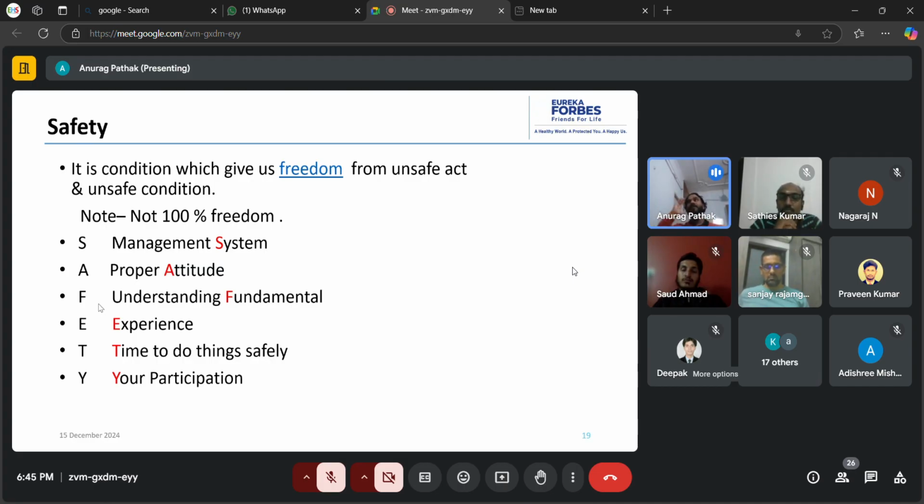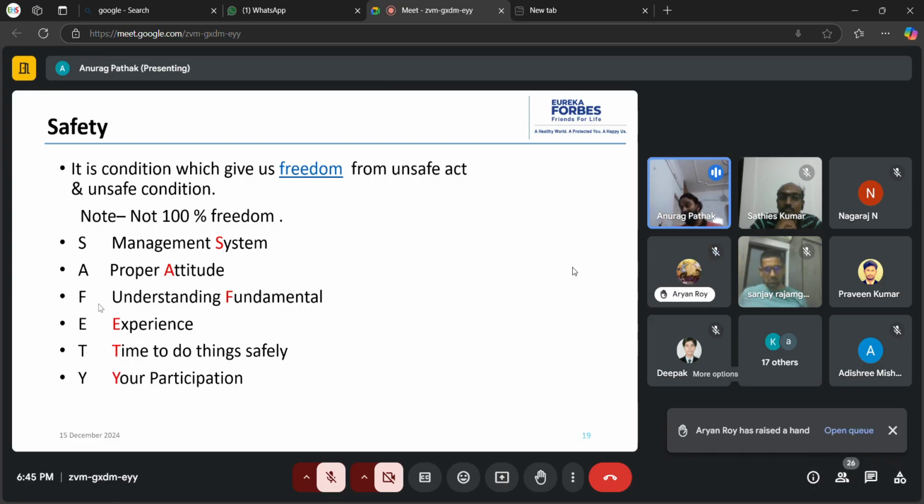So understanding of the senior management is the proper attitude towards safety implementation inside the premises also.